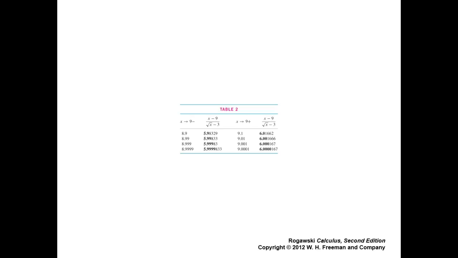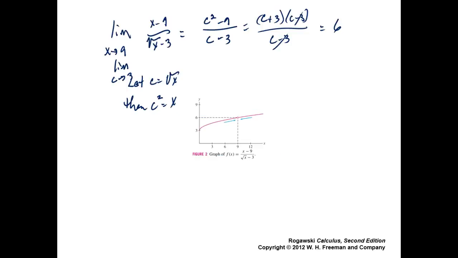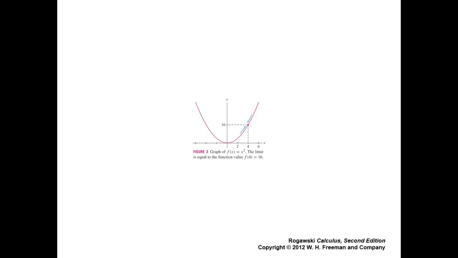Example 4. The next one, you should investigate this.